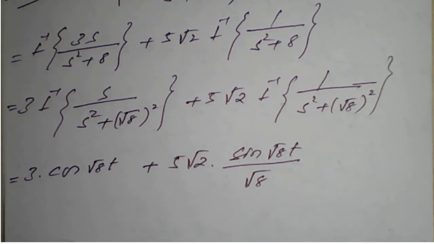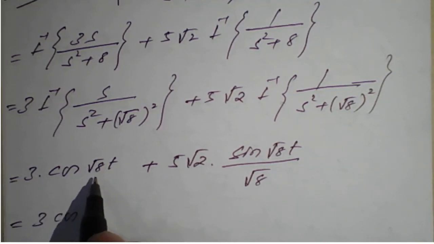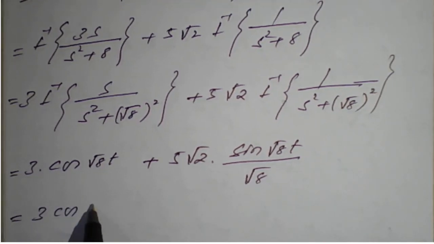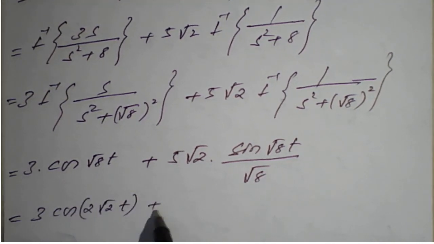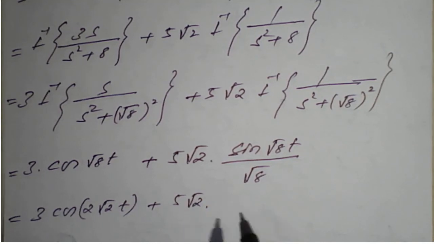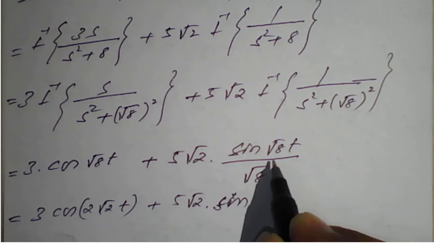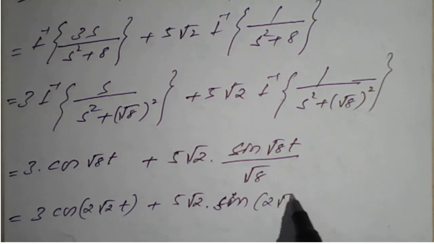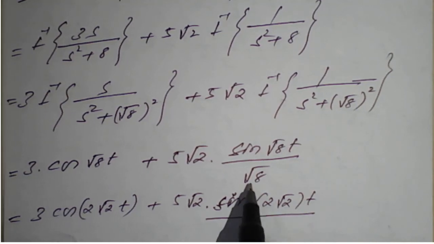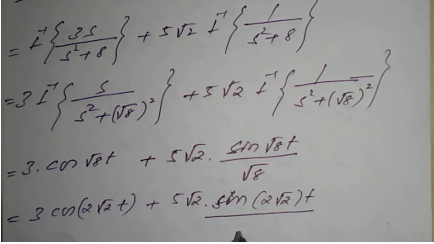One more step if you want: 3 cos of root 8 t can be written as 3 cos of 2 root 2 t, plus 5 root 2 into sine of 2 root 2 t divided by root 8, which is 2 root 2.